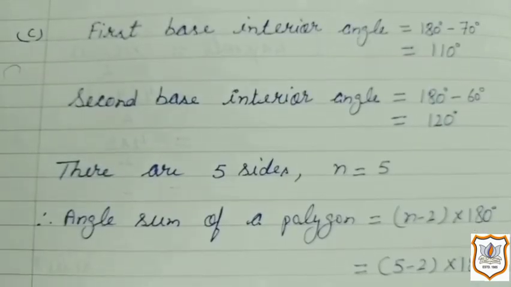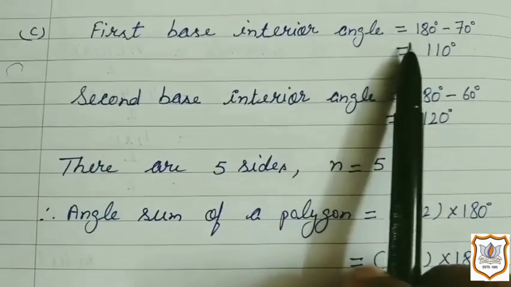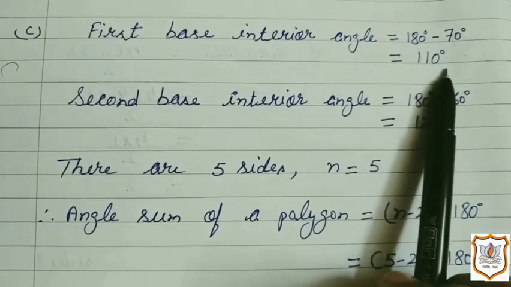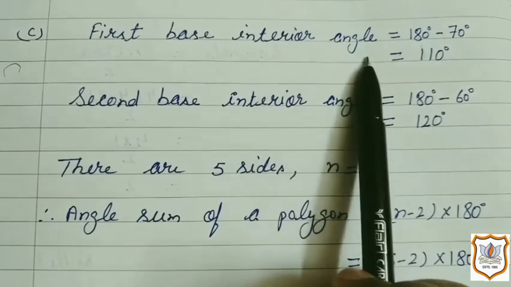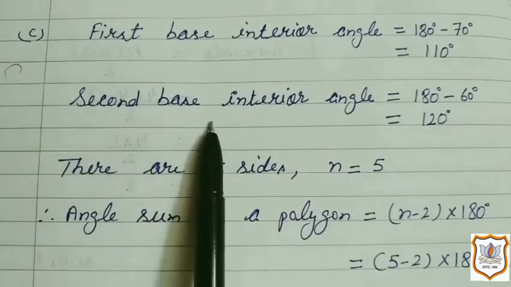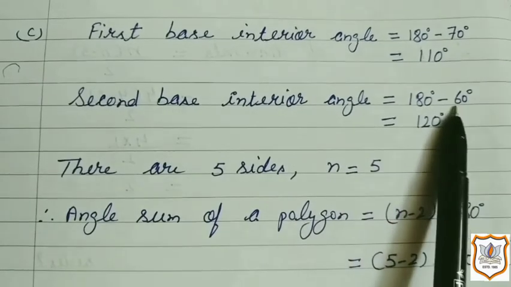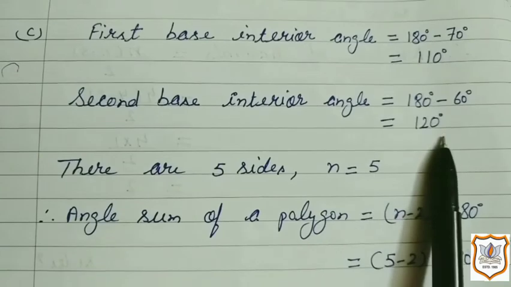Look at the solution. First base interior angle. So we subtract 70 from 180, we get 110. So 110 is an interior angle. Second base interior angle. So we subtract 60 from 180, we get 120.